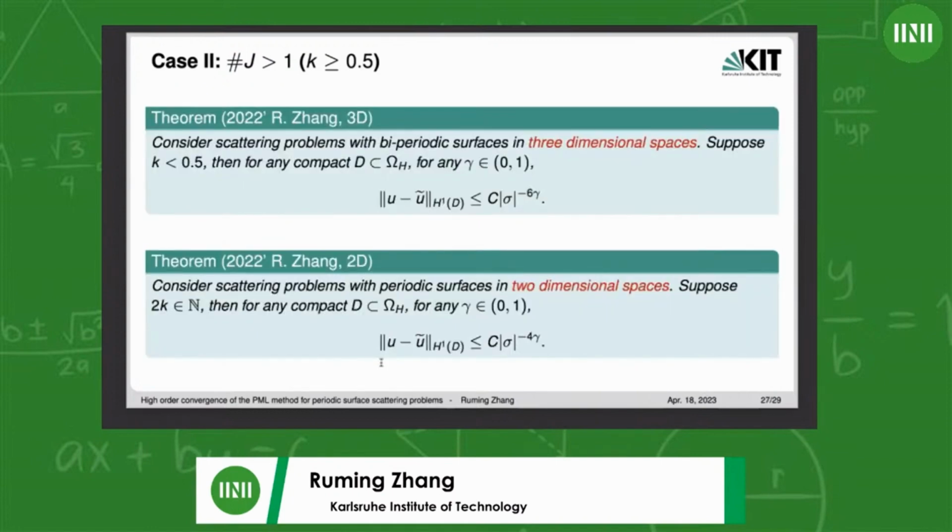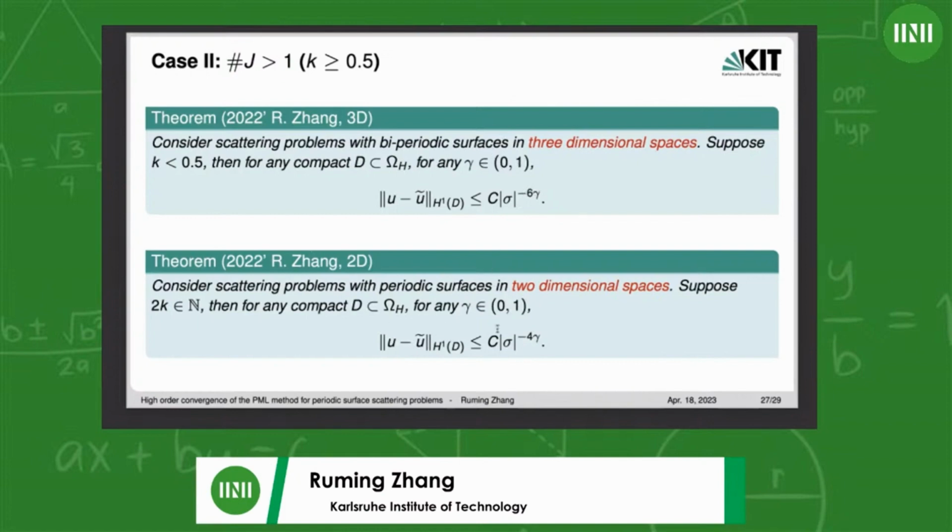So here finally I can conclude the results for 3D. For 3D cases, k is greater or equal to 0.5. In general for these cases, the convergence is -6 gamma, where gamma can be any value between 0 and 1.